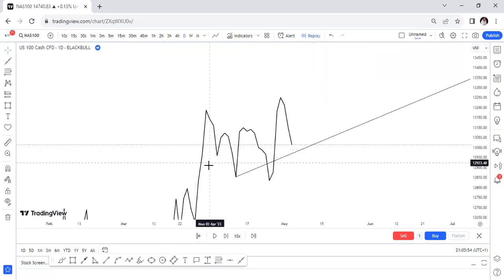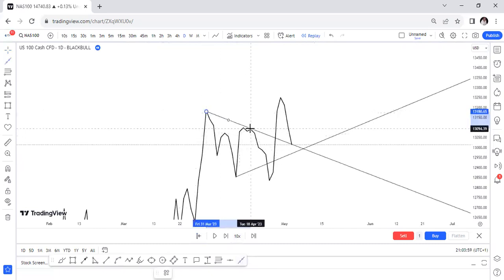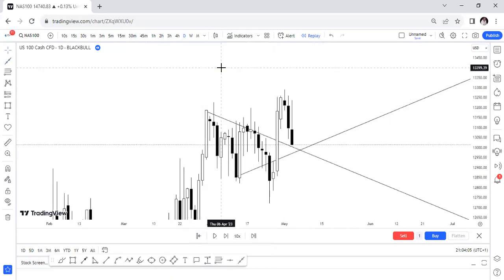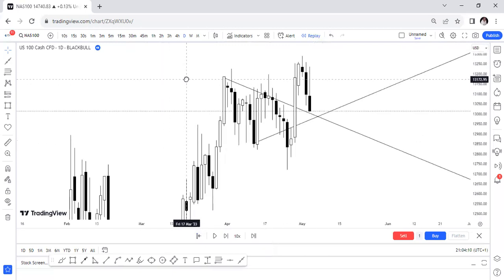Connect. Does it connect? Is there a connection there? Let's see if there's a connection.